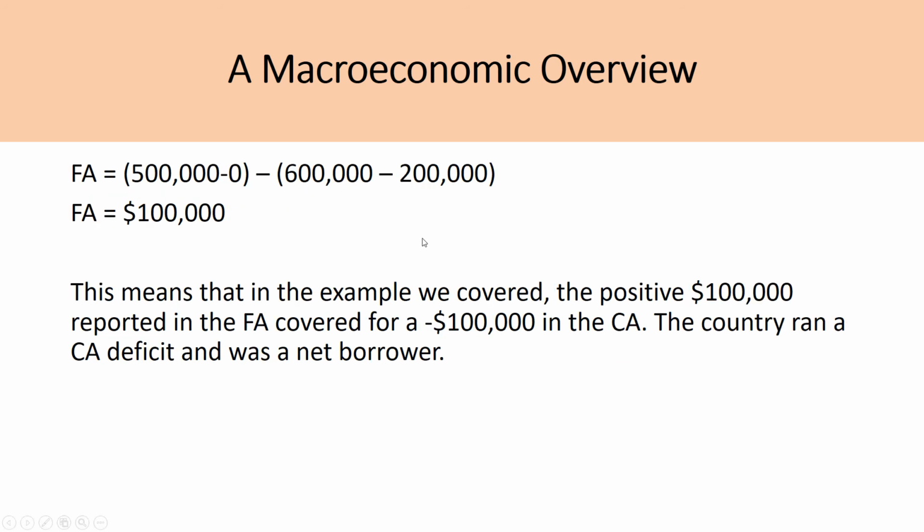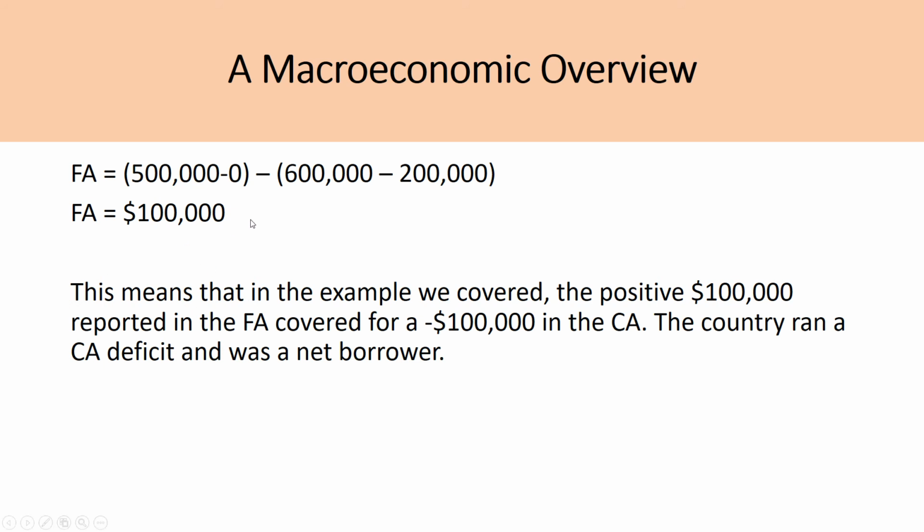Okay, so recall that example with the transactions in Florida, Japan, and China. The net result, the financial account equaled $100,000, and assuming that the capital account is 0. The reverse of this means that if the financial account is $100,000, the capital account needs to be negative $100,000 in order for the BOP identity to remain true. And this makes sense.